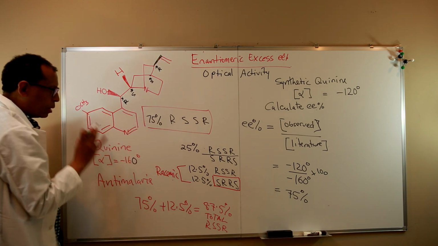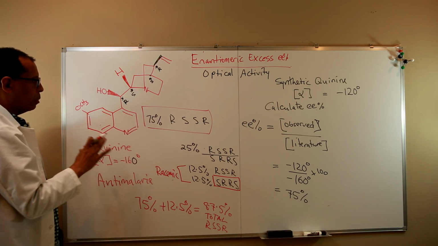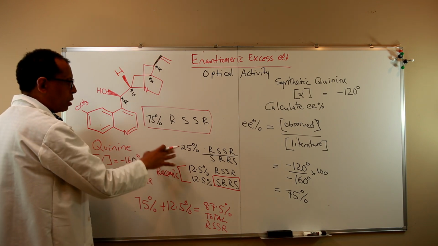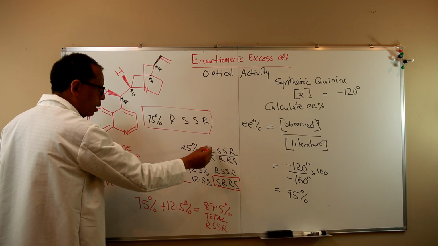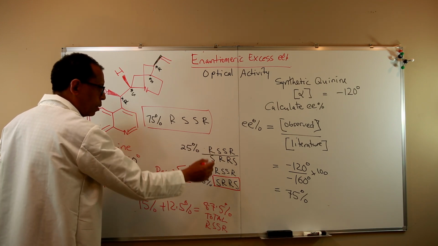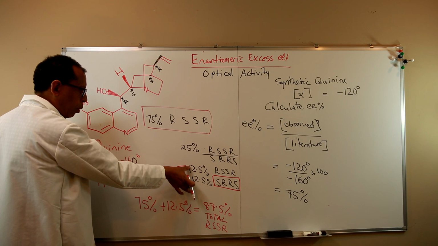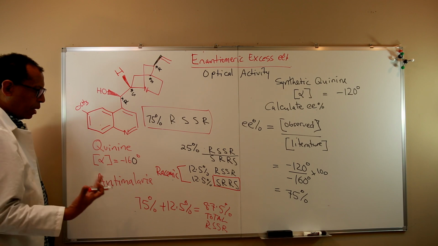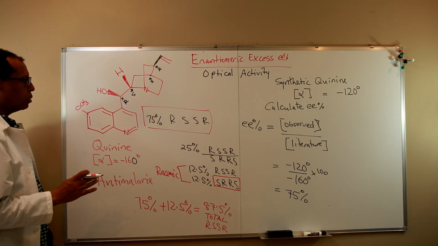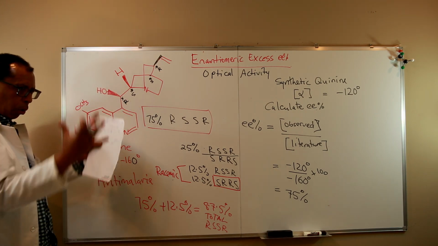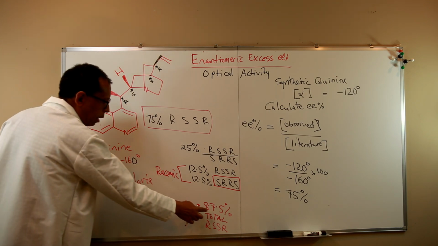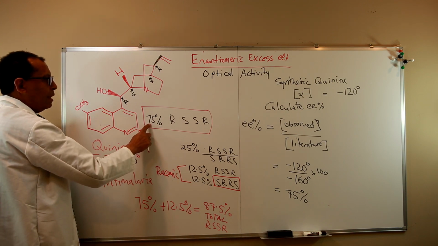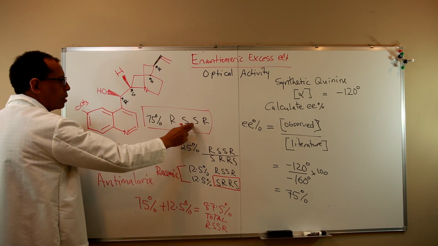As enantiomeric excess, as a pure non-racemic one, he has 75%. But in the mixture, the rest 25% contains these two enantiomers. They are mirror images. Actually, it is called racemic because it's 50-50%. But if somebody asks you the total amount of quinine in the whole sample, he has 87.5%, of which 75% is a pure form of RSSR.